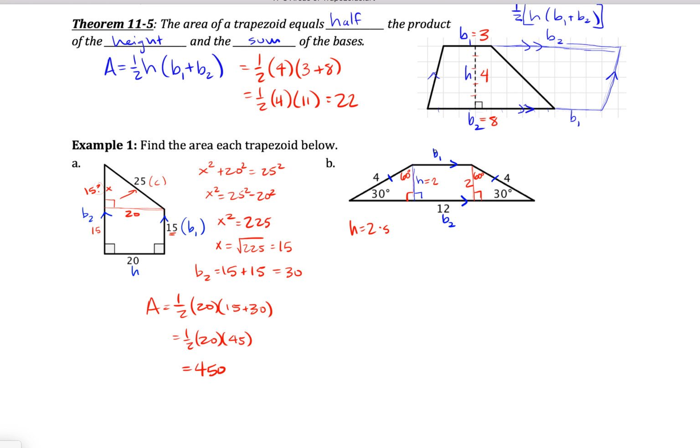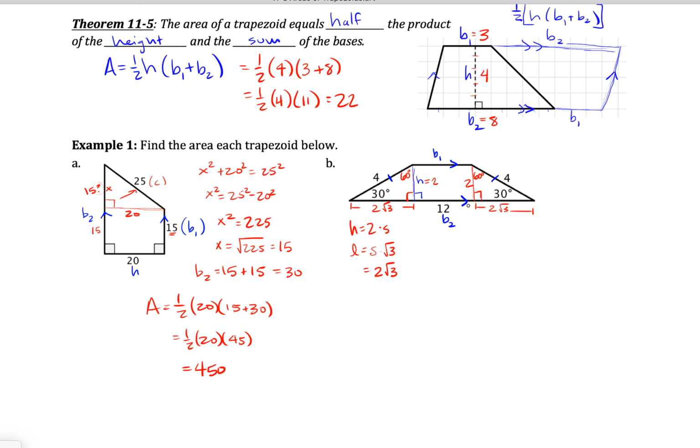Now we're stuck trying to find base 1. And what we're going to do is use the third side of our 30, 60, 90. We know that that's the long side, and the long side is going to be the short side times the square root of 3. So it's going to be 2 square root 3. So from here to here is 2 square root 3. And that would mean the same thing is going to happen right here. This is 2 square root 3.